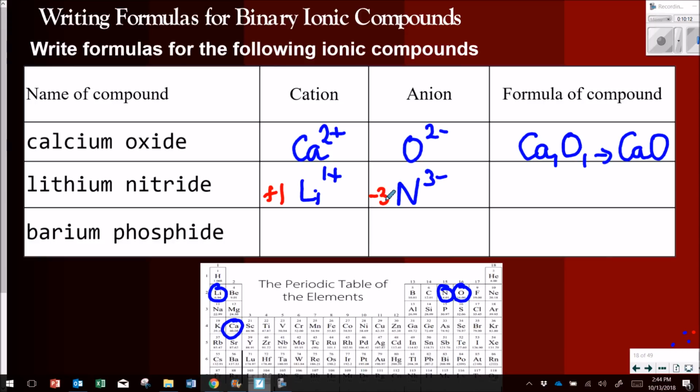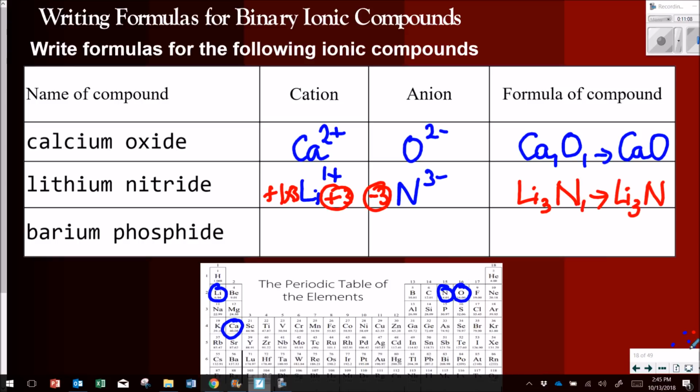So in order to balance those two, I will have to multiply this one by 3 to get a total of +3. Now the +3 and the -3 balance each other out together. Therefore, I need 3 lithiums for every one nitride ion.